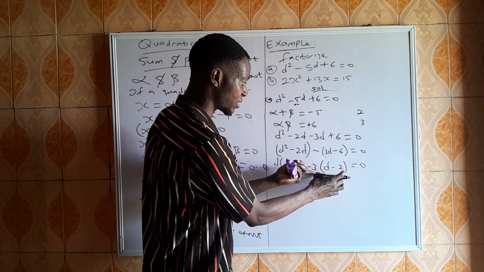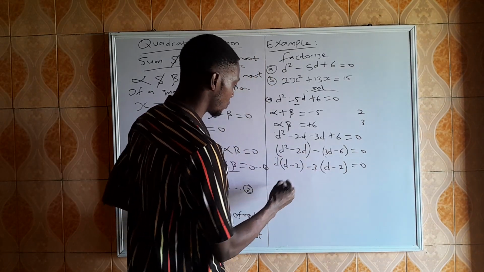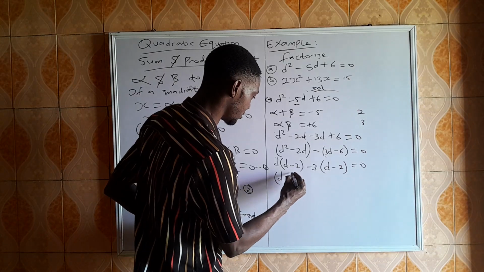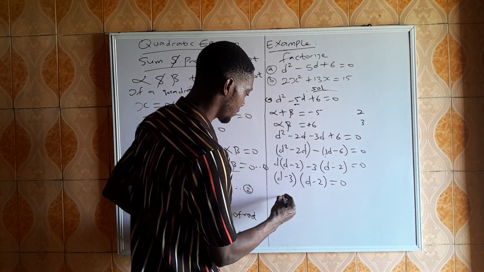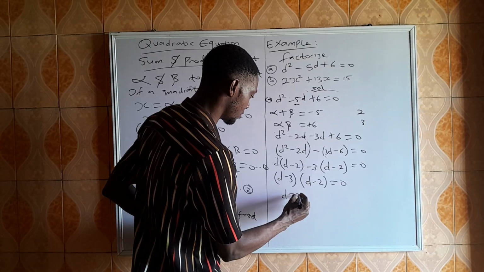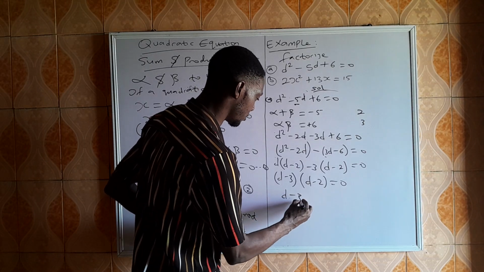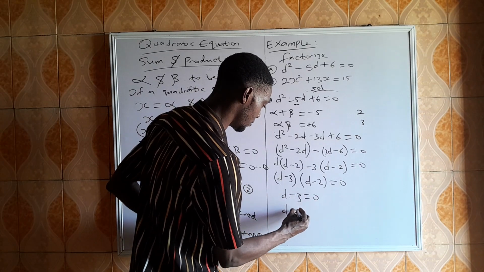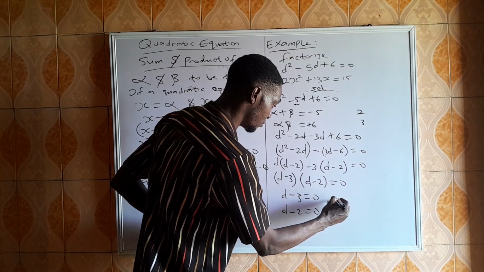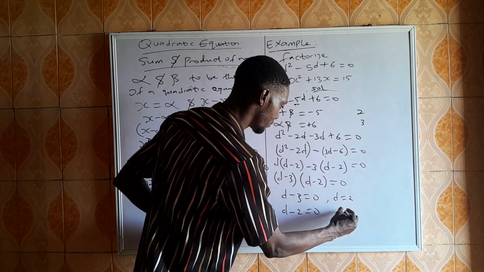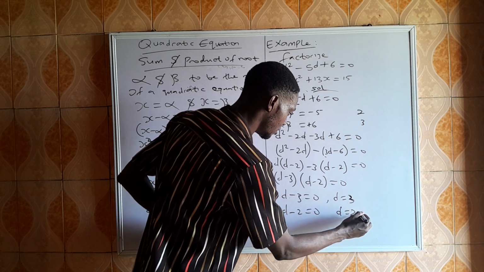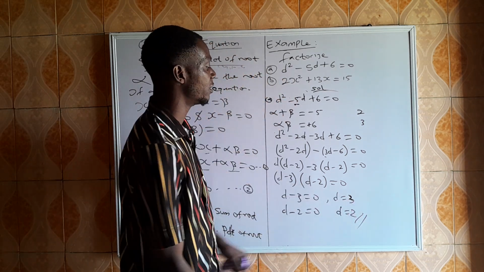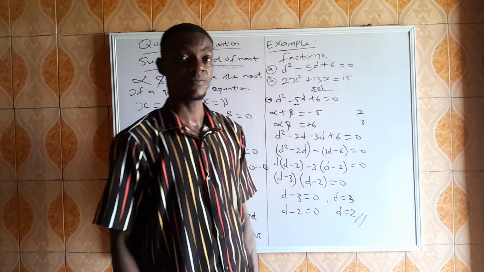When you expand this, you can have d minus 3 and d minus 2 equal to 0. So d minus 3 equals 0 and d minus 2 equals 0. From here, d equals 3 and d equals 2. So the values are 3 and 2.